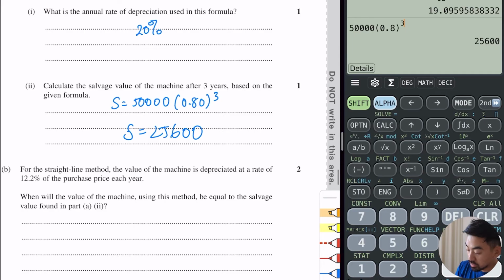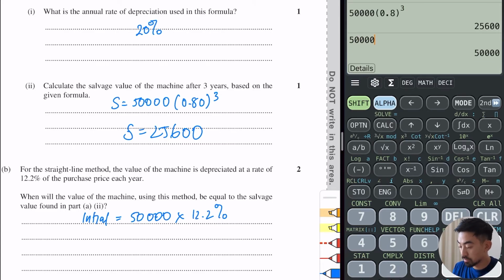So the initial price was $50,000, and it goes down by 12.2% of that. So let's find out what that is. That is 6,100 per year.